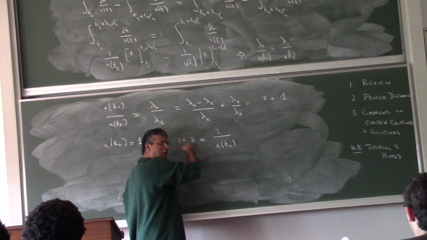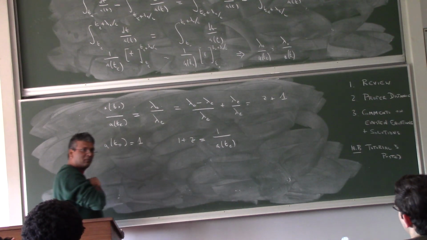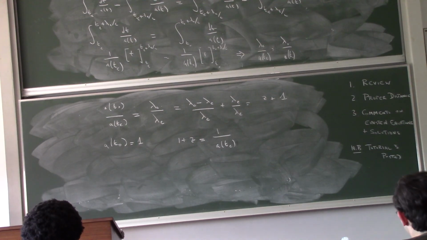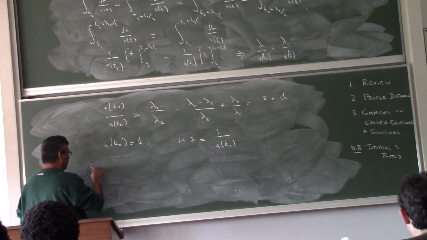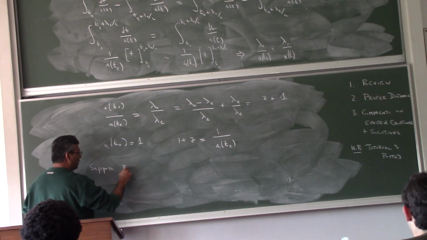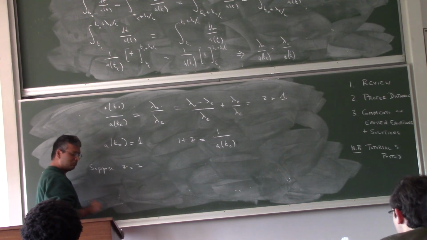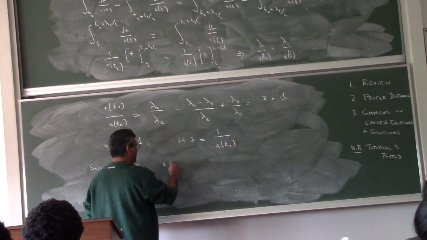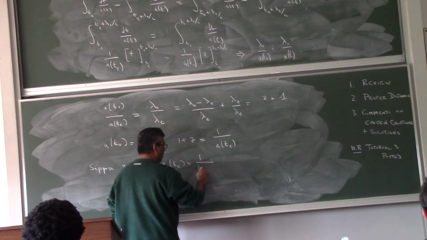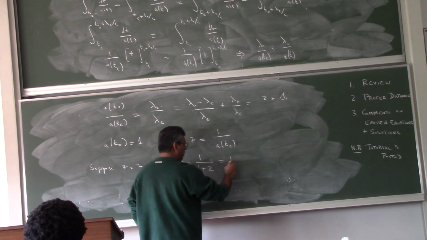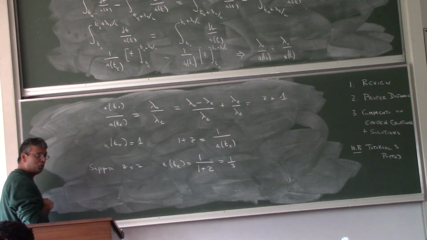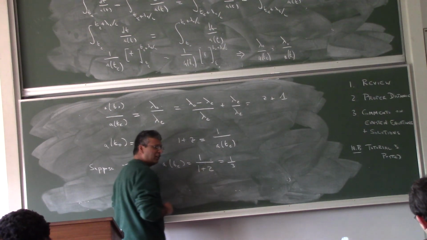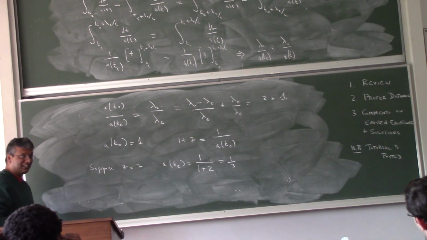So it makes sense to add in 1 plus something small, the redshift Z. Suppose, for example, that the redshift we measure is 2. Then A of TE is 1 over 1 plus 2, which is 1/3. So the light observed at redshift 2 was emitted when the scale factor of the universe was 1/3 the scale factor today.